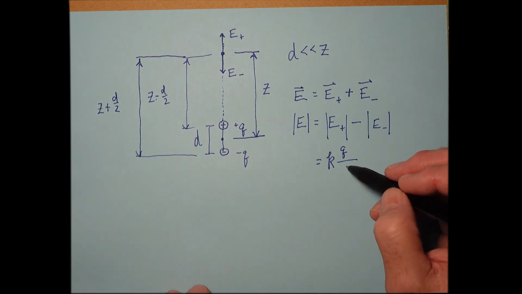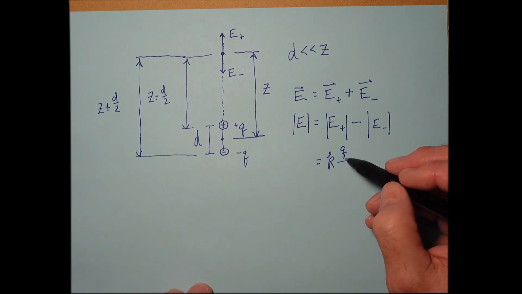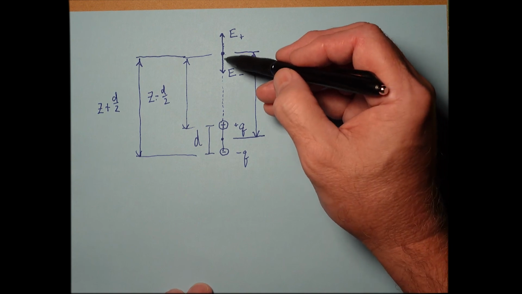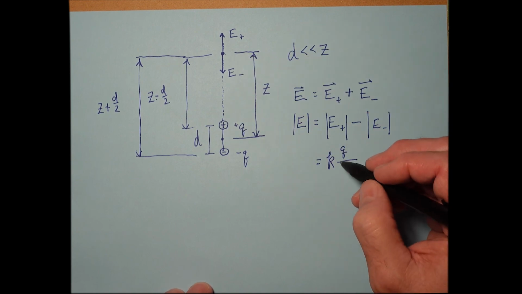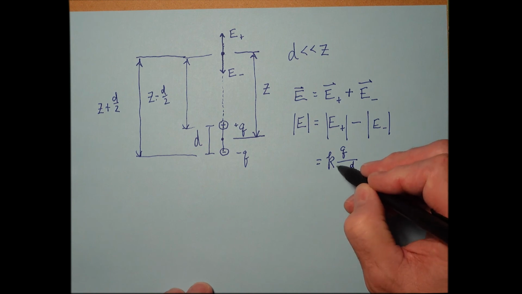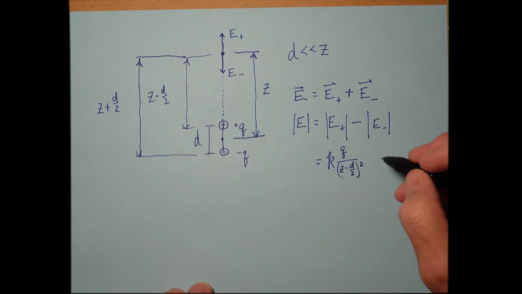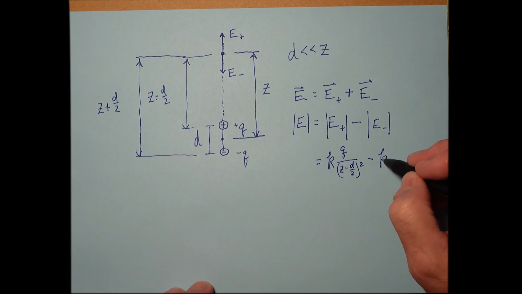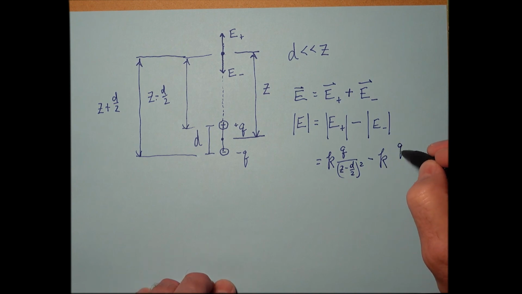So right here, what needs to go here is the distance to the positive charge from that point. So that's going to be Z minus D over 2 quantity squared, minus K Q over Z plus D over 2 quantity squared.